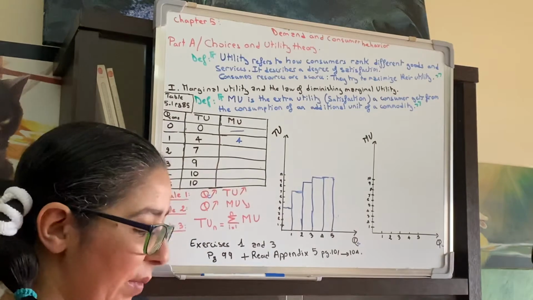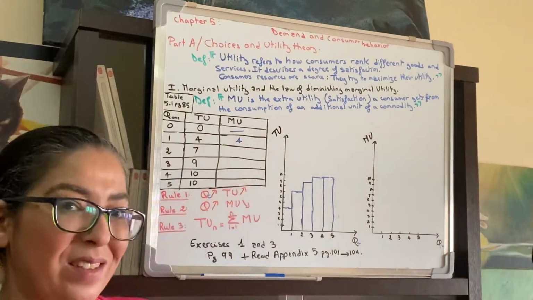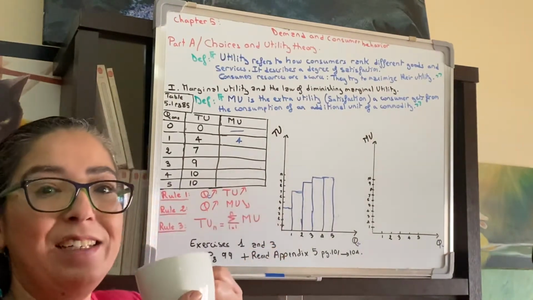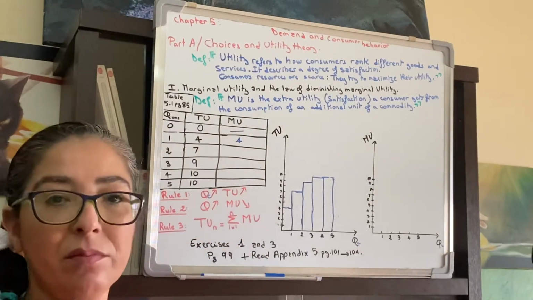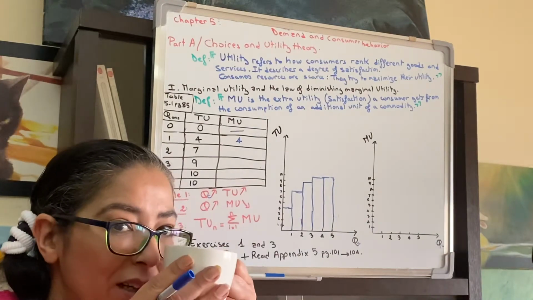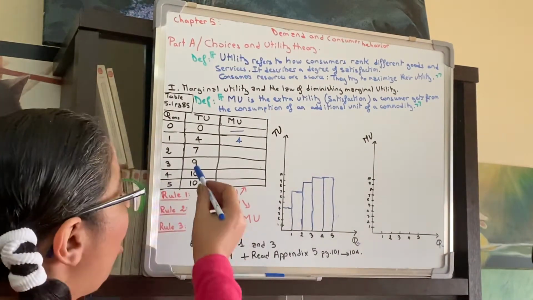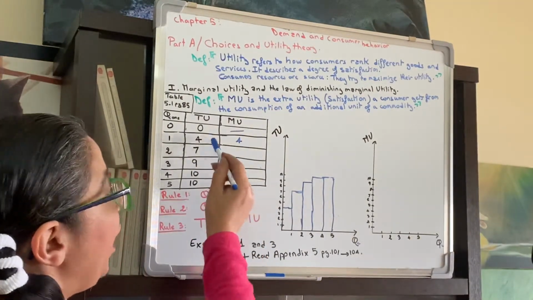Okay. Now I'm not looking at the total quantity of 2, but at my second coffee. I drank the first one, it brought me 4. Now the second one, how much did this second one get me as utility? So 2 of them got me 7, but the second one got me 3.